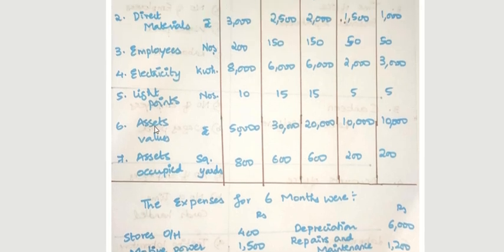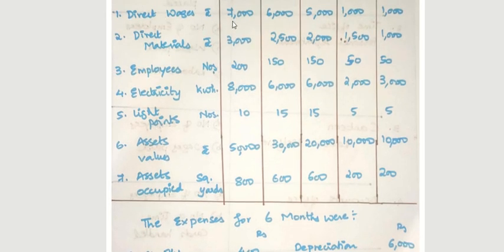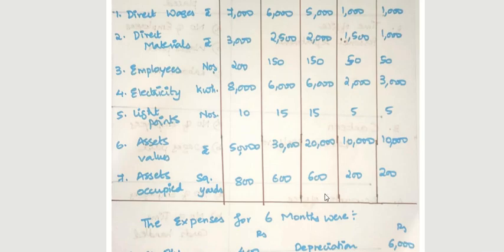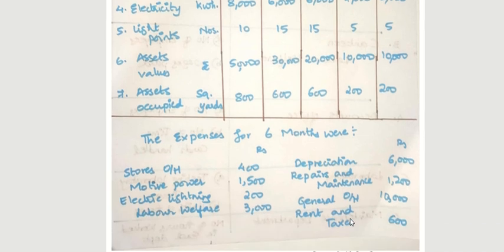That is nothing but your direct wages. So your ratio is 7:6:5:1:1. If you apportion the 10,000 rupees based on that ratio, you'll get 3,500, 3,000, 2,500, 500 and 500. And your last expense which is given in your question is rent and rates.